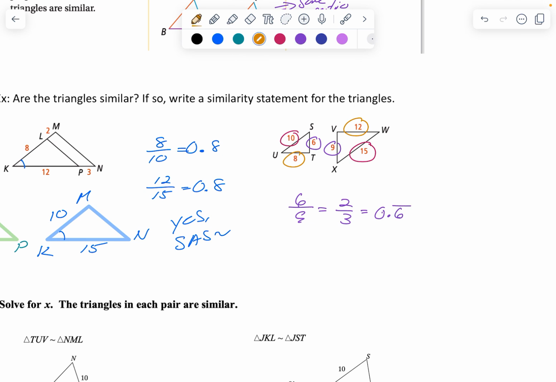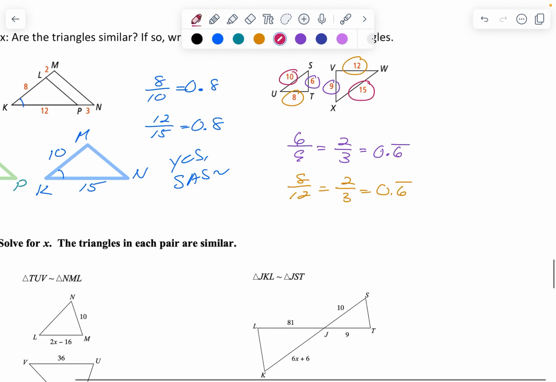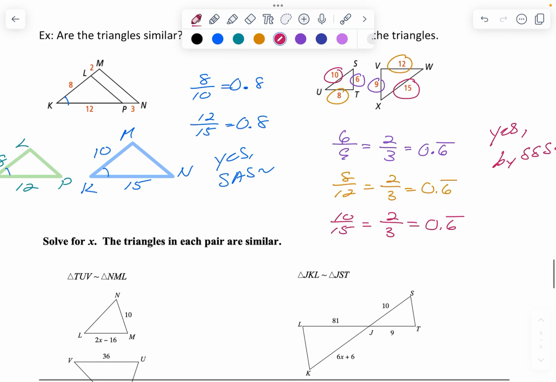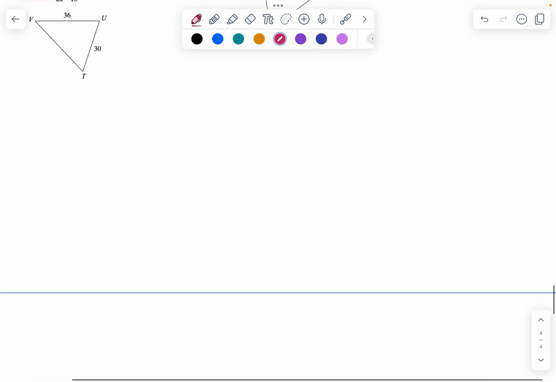The next one, 8 over 12, divided top and bottom by 4 is 2/3, or 0.6 repeating. And finally, 10 over 15, dividing top and bottom by 5, 2/3, which is 0.6 repeating. So this is yes by side, side, side similarity, because we showed all three sides were in proportion.